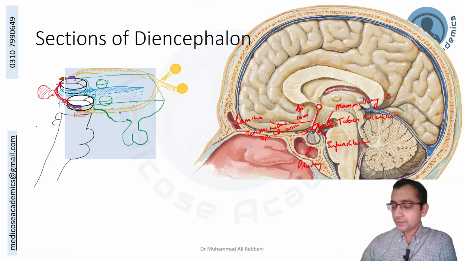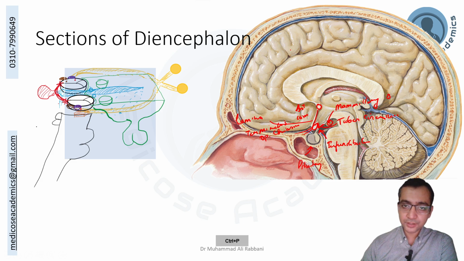And then behind you will start the brainstem: midbrain, pons, medulla oblongata. These structures demarcate the boundary of the diencephalon. In front of it and above it, the telencephalon starts.